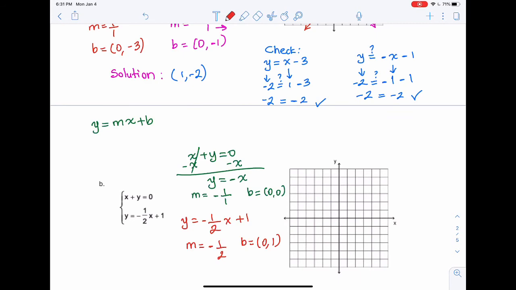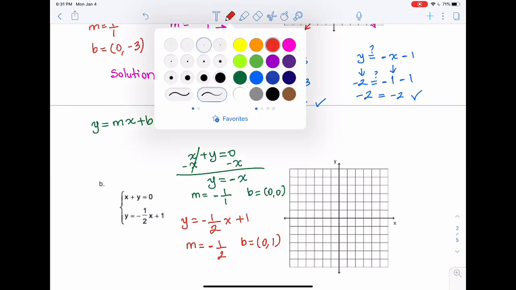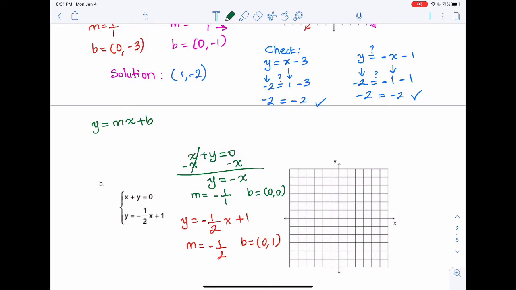Now let's graph them. My start point is (0, 0) for the first equation. And I'm going to go 1 unit down and 1 unit right. 1 unit down, 1 unit right. 1 unit down, 1 unit right.